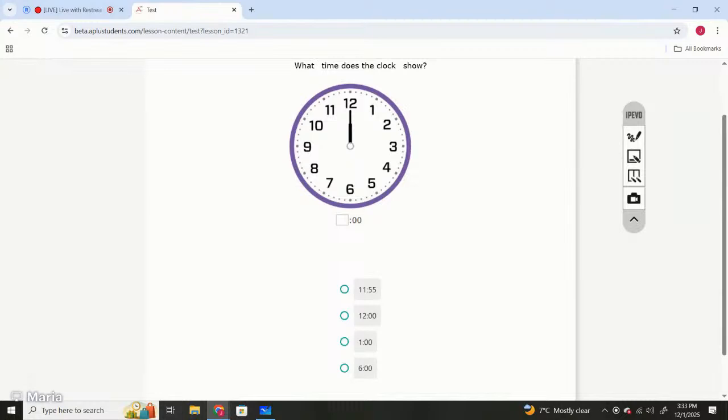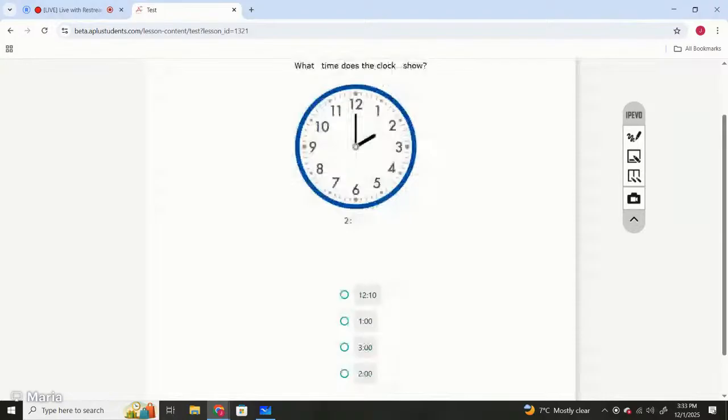What time does the clock show? That is 12 hours and 0 minutes. Option number 2 is the correct option.